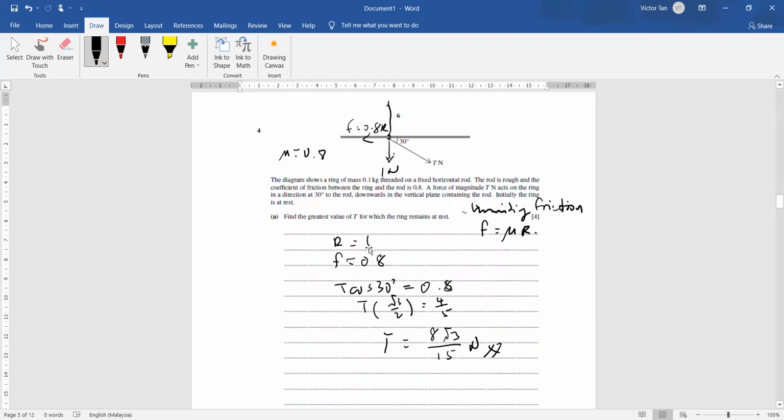Okay, I made a mistake. R is not 0.1. R equals 0.1 plus T sine 30. So there's always a check and balance when the values don't tally. So it's 0.8. This will be 1 plus half T. Drop all these things here.